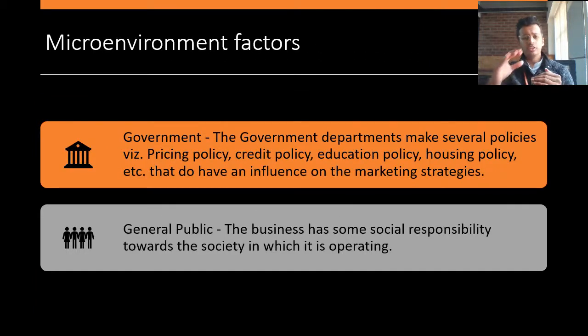The other two microenvironment factors are government and general public. There could be policies by the government which may have an influence on marketing strategies.